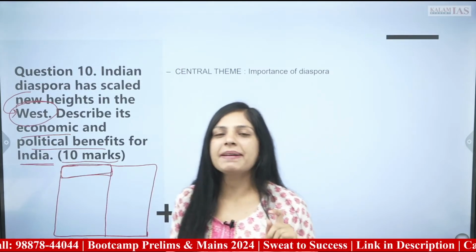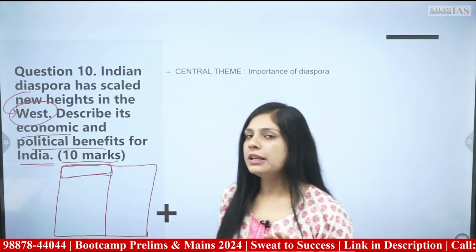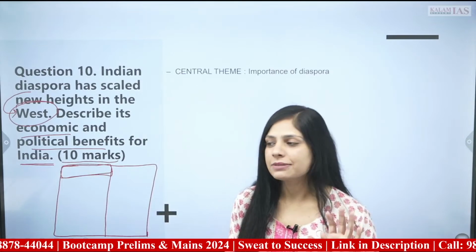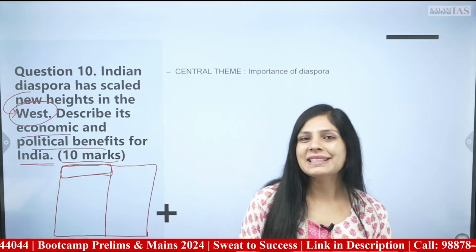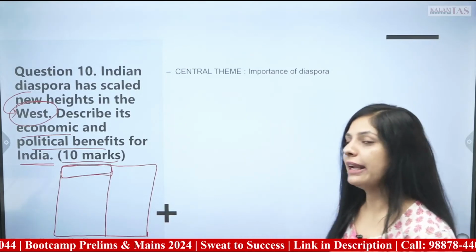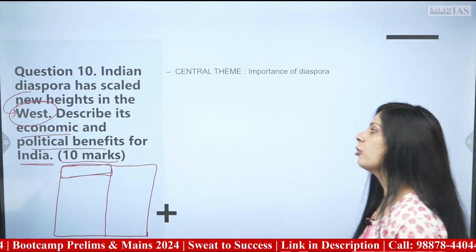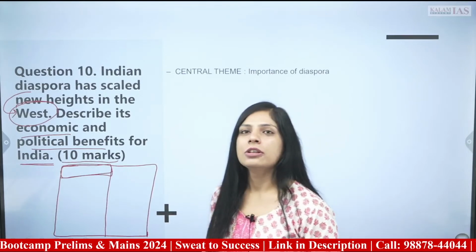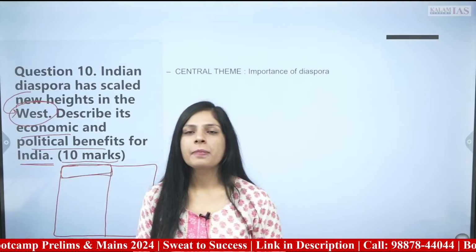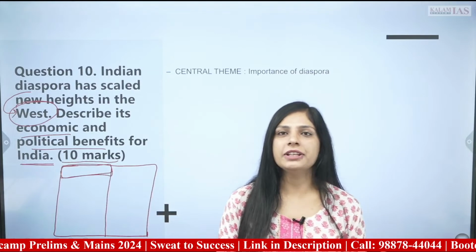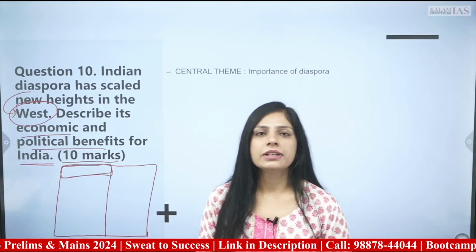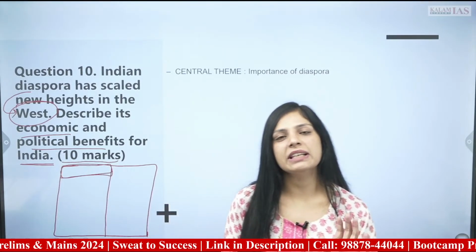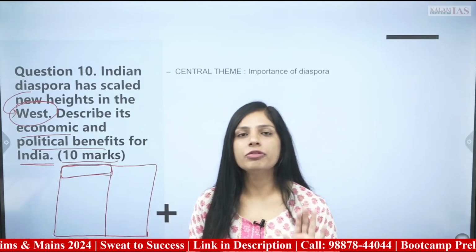But the question is specifically asking you about diaspora in the West. Now you have to show what you understand by West, right? Which all countries you are focusing upon. So it is a limiting word because we have diaspora in the Gulf region, right? We have diaspora in the Southeast region, but specifically we have to restrict ourselves to the West.